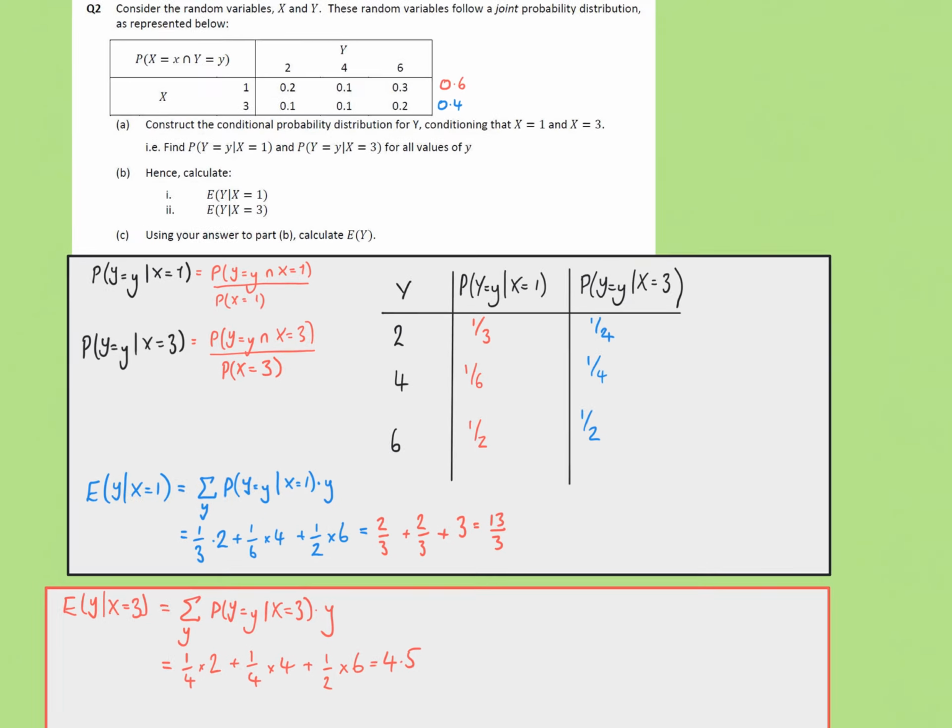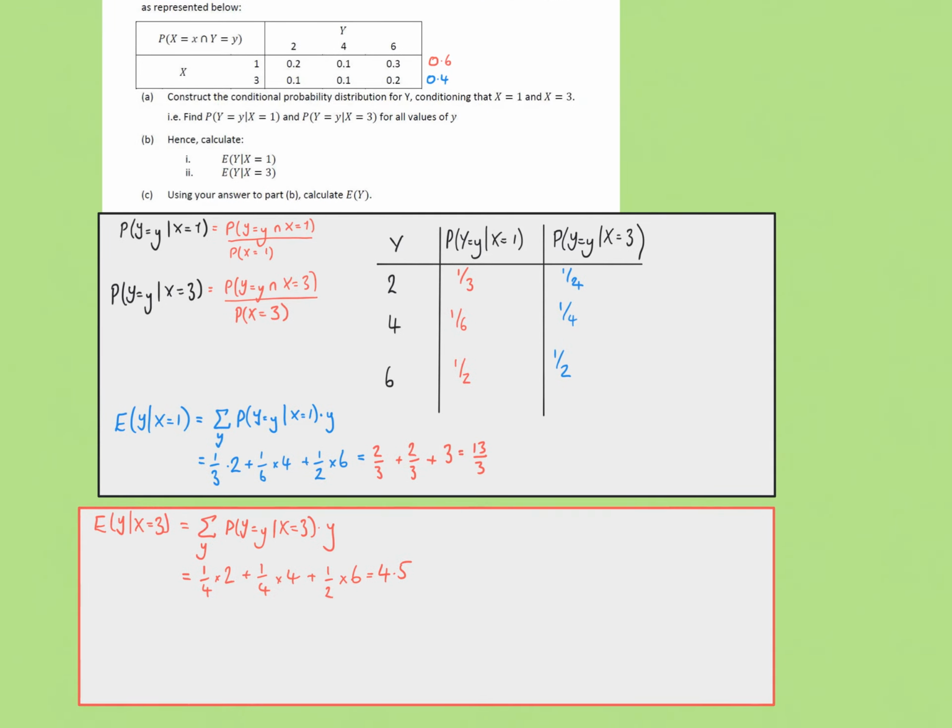The final part of this question asks us to use these two conditional expectations to calculate the expected value of y. Remember, we're going to use the law of iterated expectations to calculate that the expected value of y is equal to the expected value over all possible values that x can take of those conditional expectations of y given x is equal to each individual particular value.